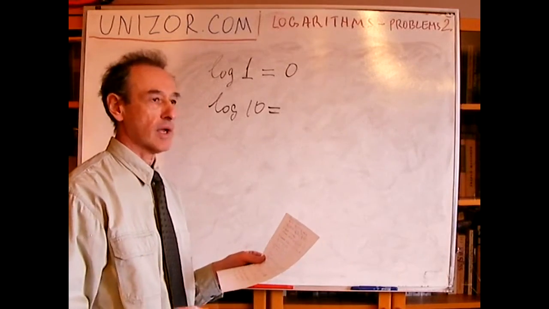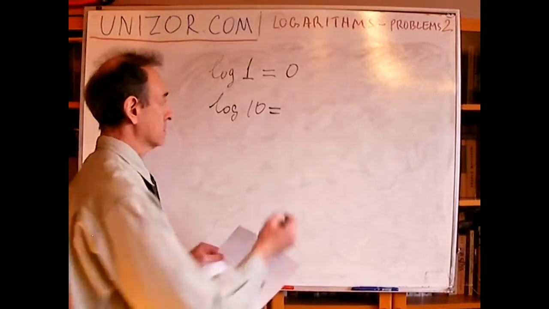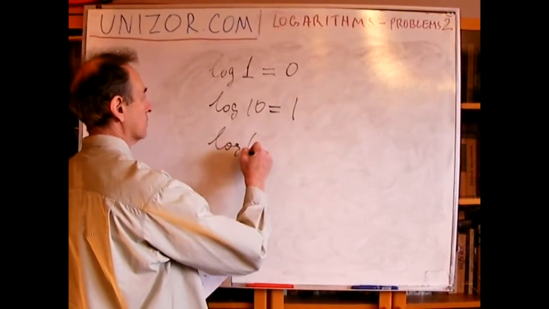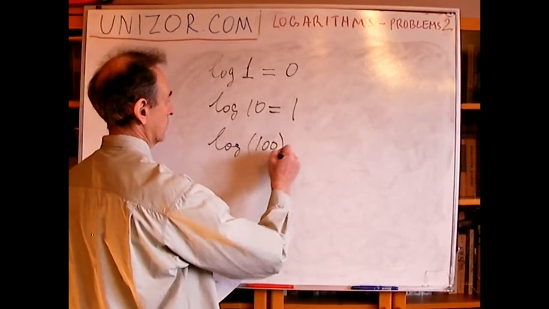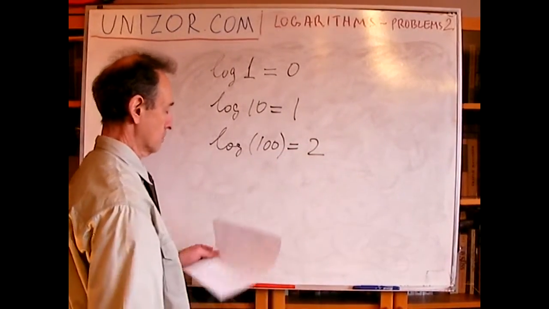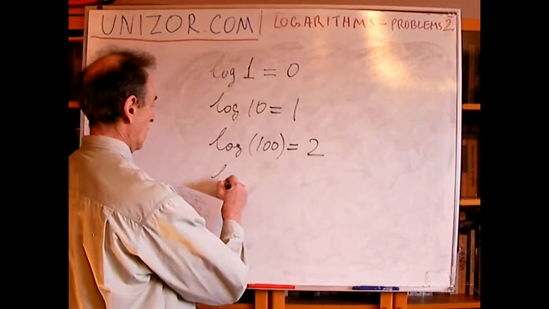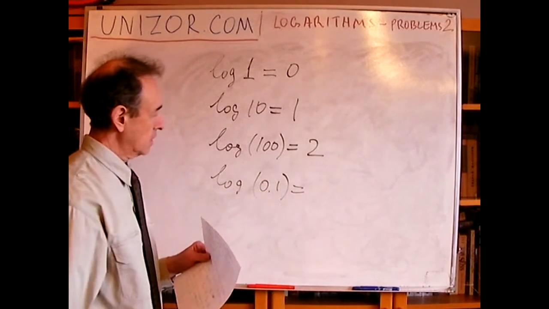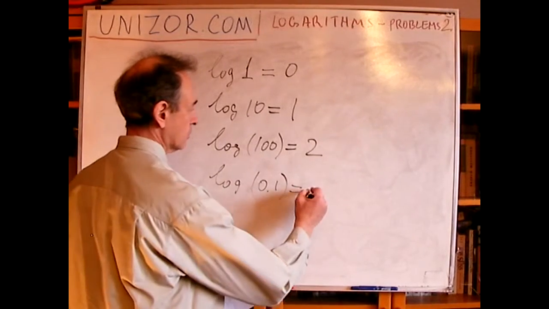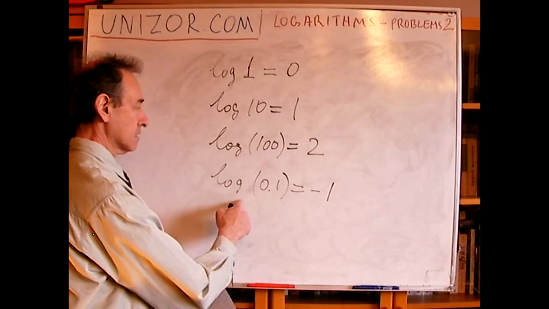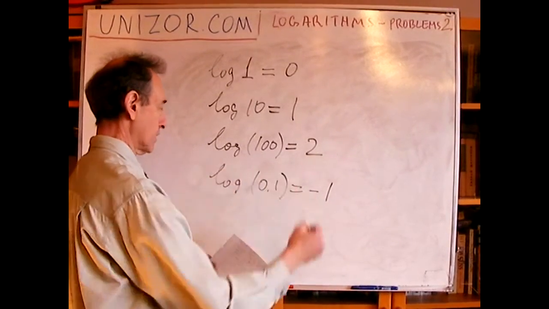Next, log 10. What is the power I have to raise 10 to get 10? Obviously 1. Log 100 is equal to 2, because 10 squared is equal to 100. Log of 0.1 is equal to -1. This is 1/10. So if I raise 10 to the power of -1, I get 1/10.